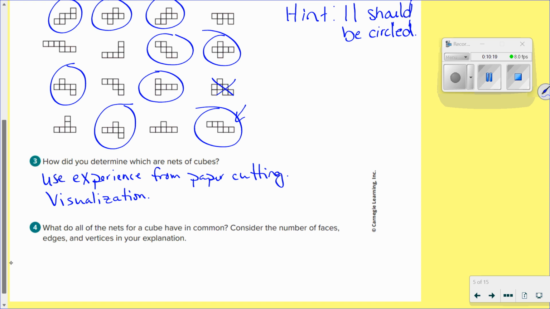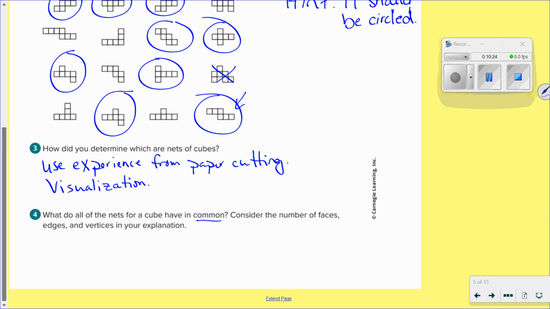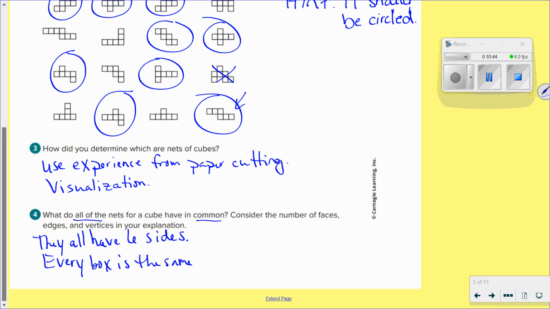Lean in your chair. So what do all the nets for a cube have in common? They all have 6 sides. Each side is the same. Every box is the same size. Anything else?